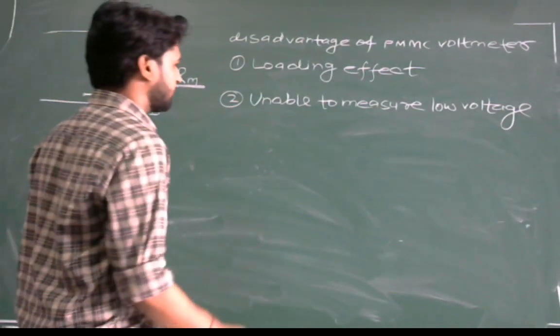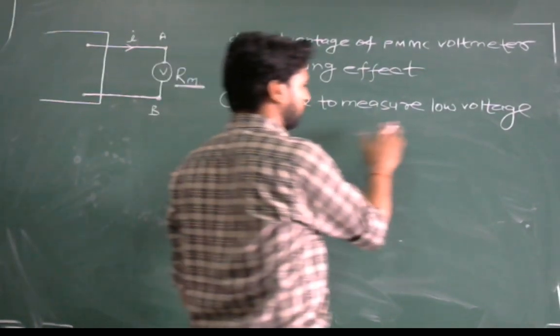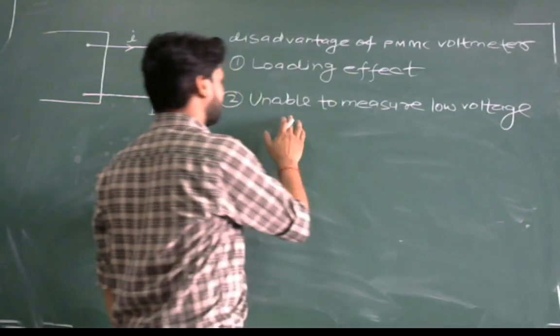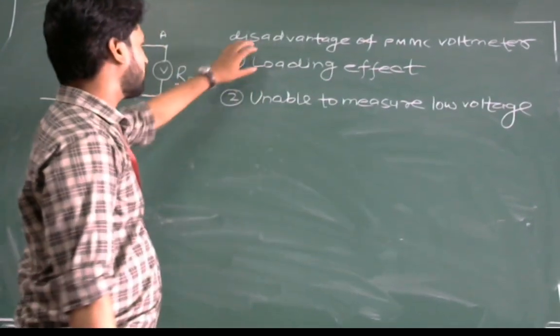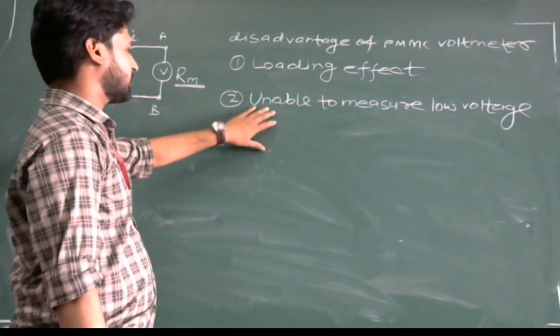Due to this, the instrument is unable to measure very low voltages. That is one disadvantage. The other one is that it will load the circuit in which it is connected.